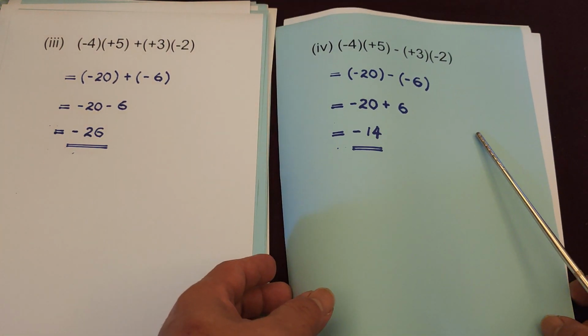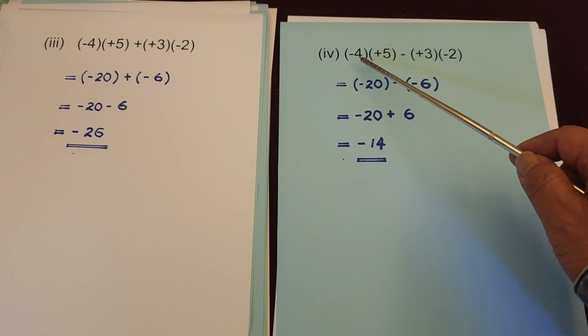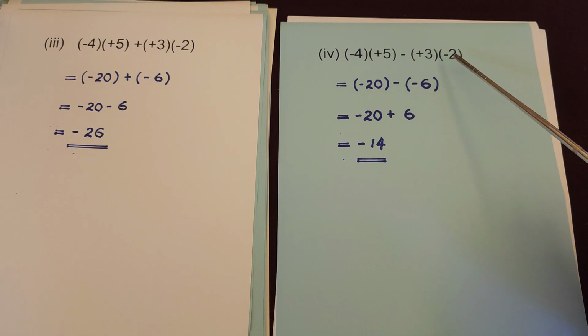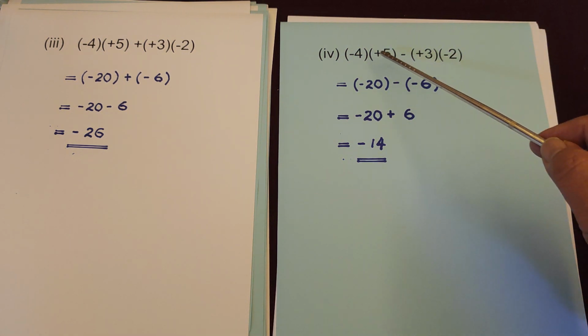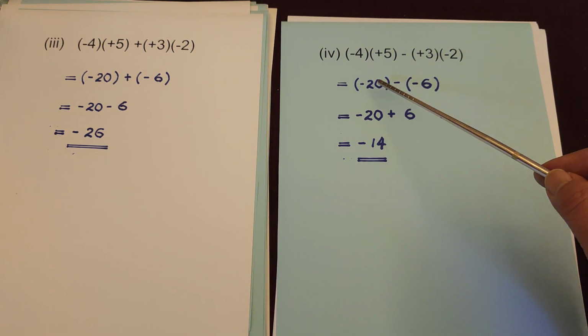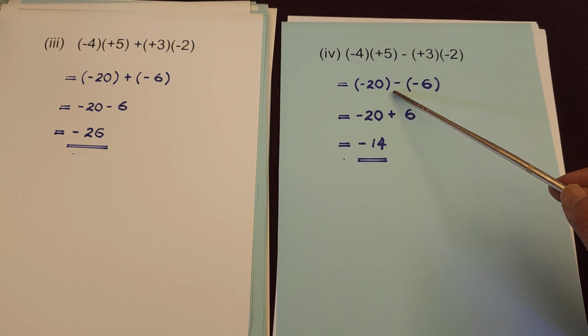And the fourth one, negative 4 times positive 5 minus positive 3 times negative 2. These two signs differ, so we have a negative result, so it becomes negative 20.